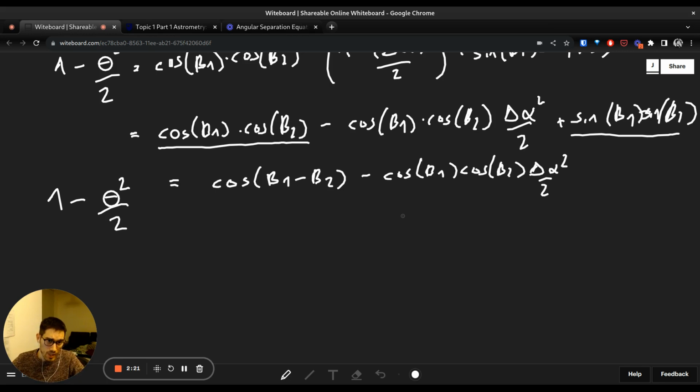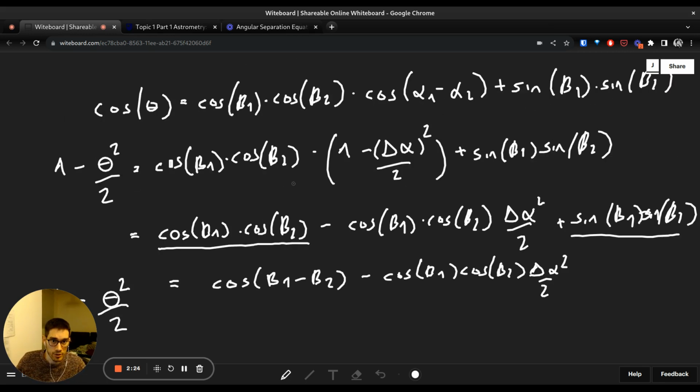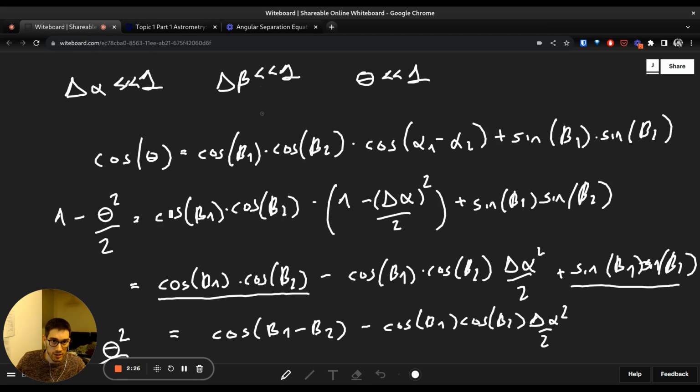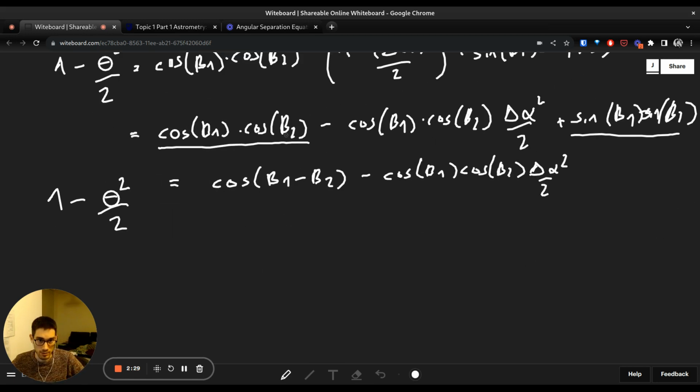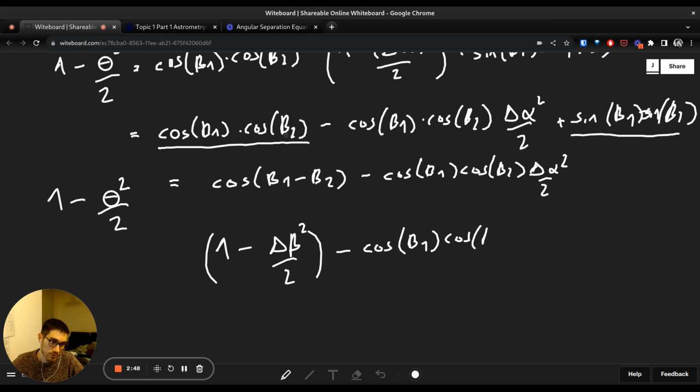Okay, and we mentioned previously that also the difference between betas is less than 1, so we can again use Taylor expansion for this. So that will be like this, minus cosine beta 1 cosine beta 2 and the difference of alphas squared over 2. 1 minus.